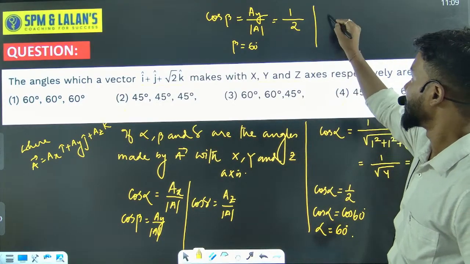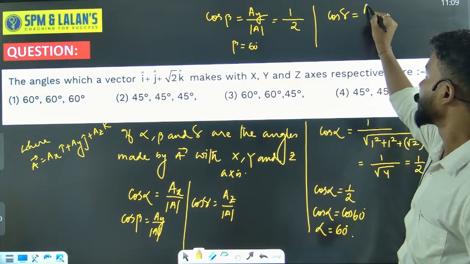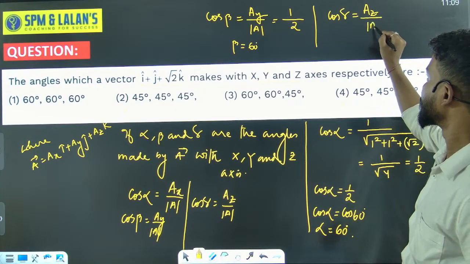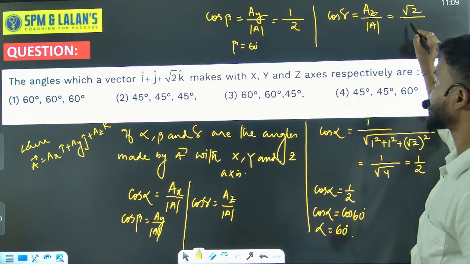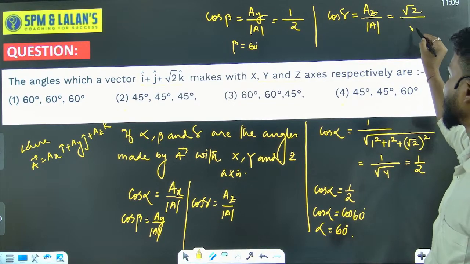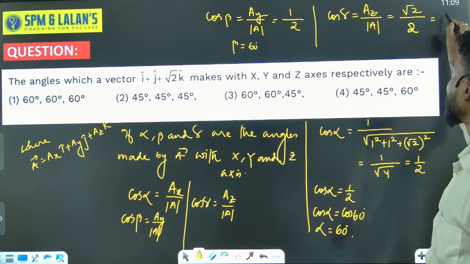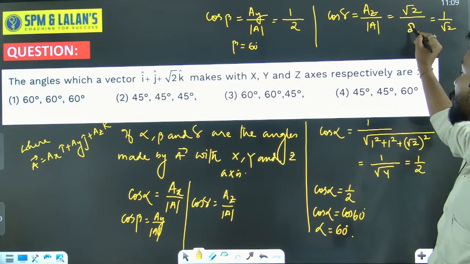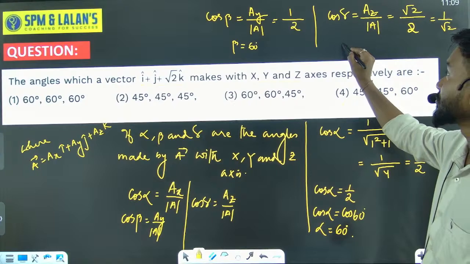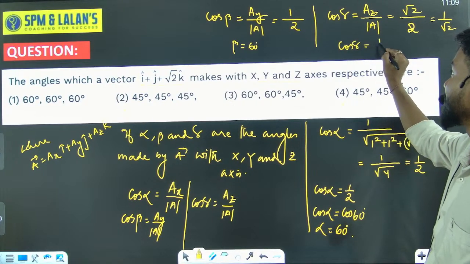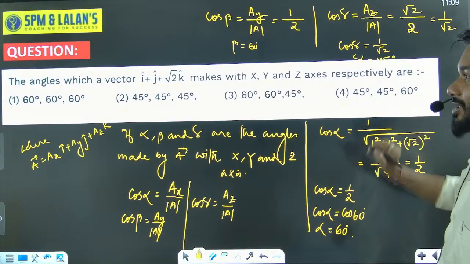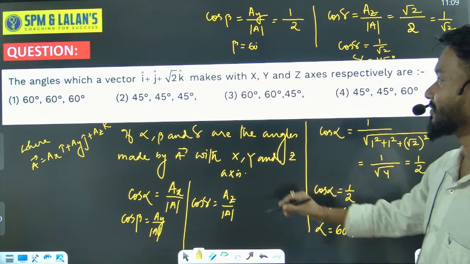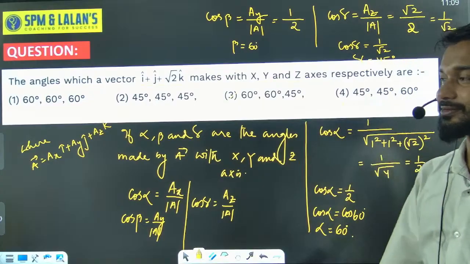Next, cos gamma equals az upon the magnitude of A. Az is root 2 and the magnitude is 2, so that gives 1 by root 2, because 2 can be written as root 2 into root 2. So gamma will be 45 degrees. Option number 3 will be the answer.